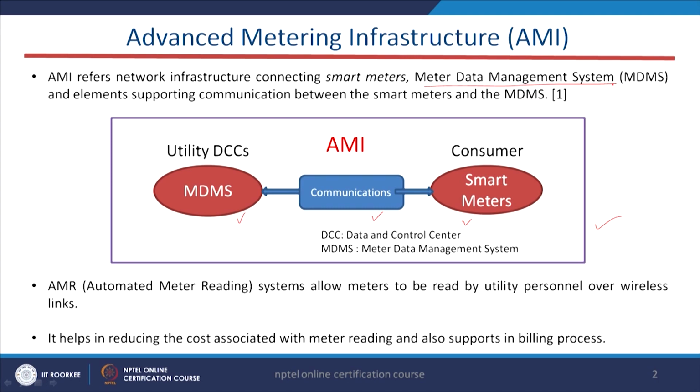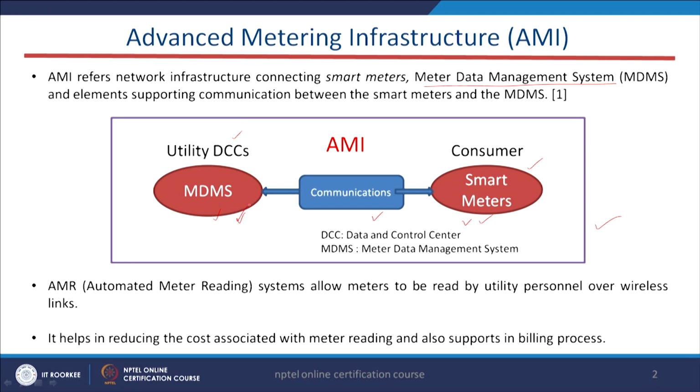The second one is the smart meters, which are located in the consumer's premises. The MDMS is present inside the utility DCCs, the data control centers, which are present at the premises of the utility.